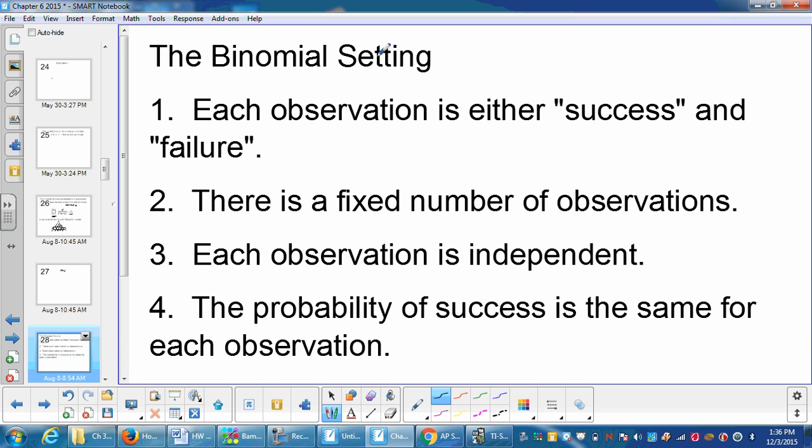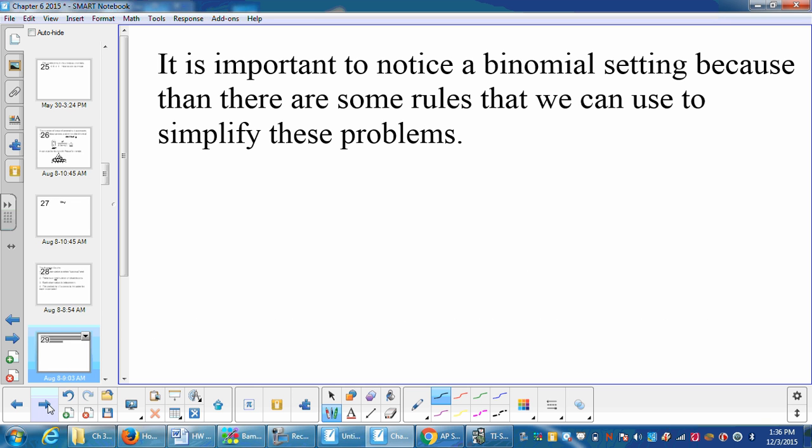There's also another thing that's really important with binomial settings. There's a fixed number of trials. In the previous problem, there were 4 questions that we were doing. And then we have to assume that each observation is independent, knowing one answer does not change the next. And the probability of success is the same for each observation. These two kind of tie in together, because if they're independent, each time you find an answer, it doesn't change the next probability.